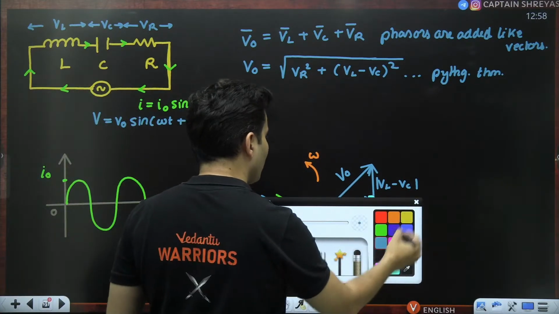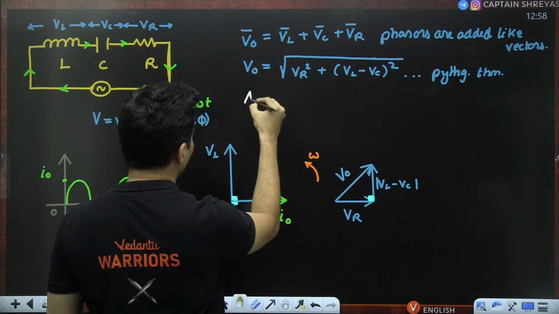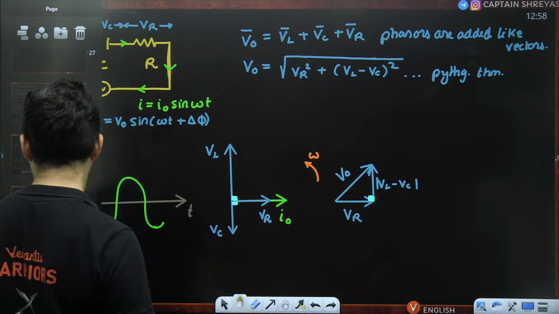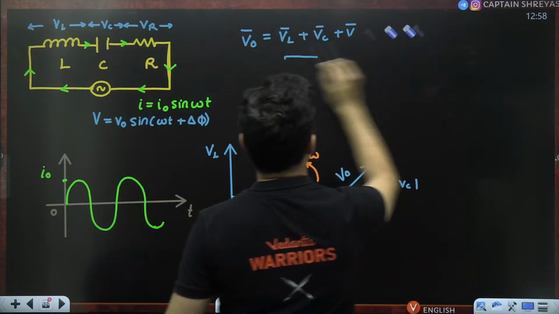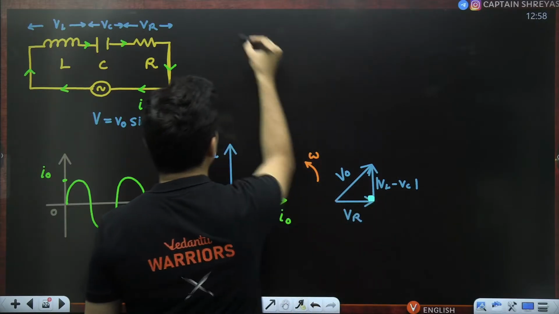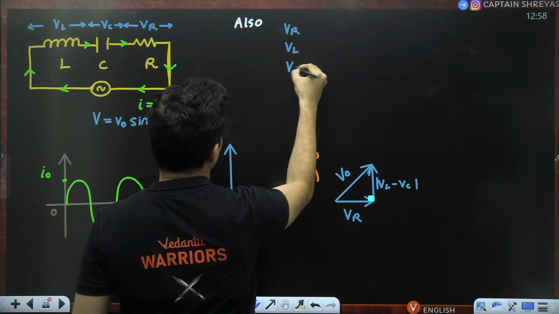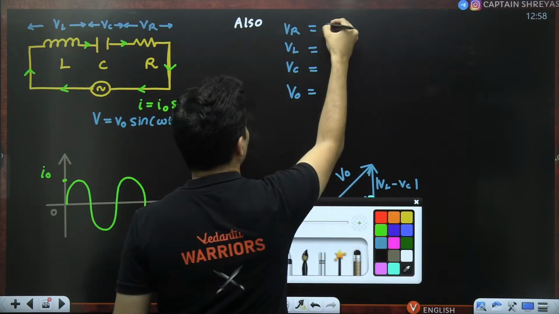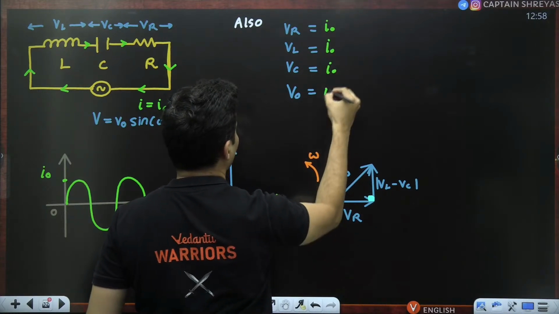Individually, if you ask me about this VL, VC, etc., also keep in mind, I can say that this VR, VL, VC and this V0, all of them can be written down as, because the current is the same, I naught over here, I naught over here, I naught over here.